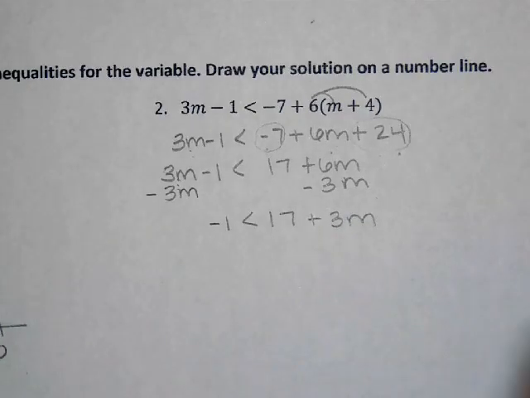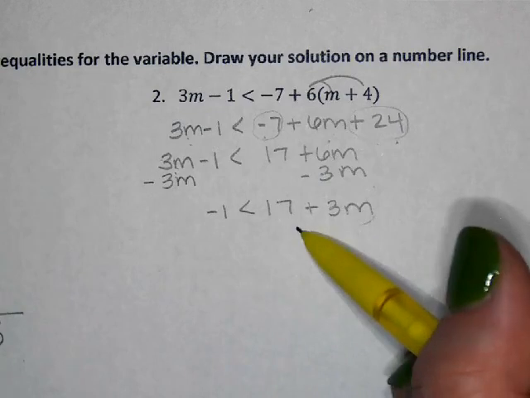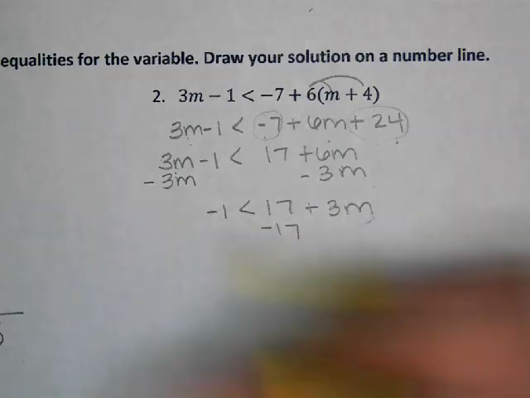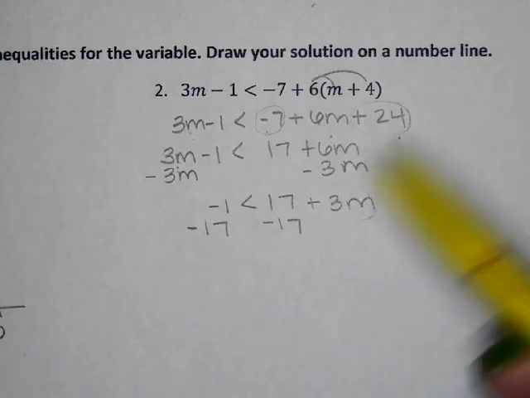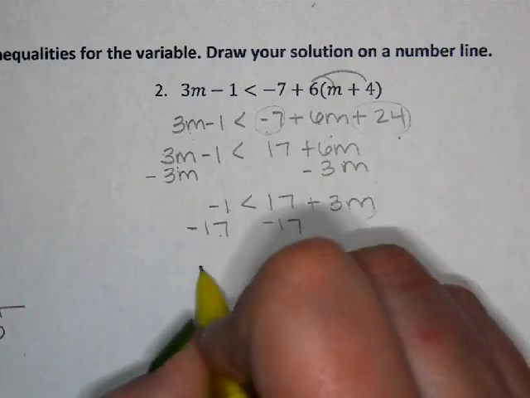So if we have the m's over here, that means we want to get rid of the 17. How do we get rid of a positive 17? We subtract it, so I'm going to subtract it on the other side. If I have a negative 1 and a negative 17, that makes a negative 18.